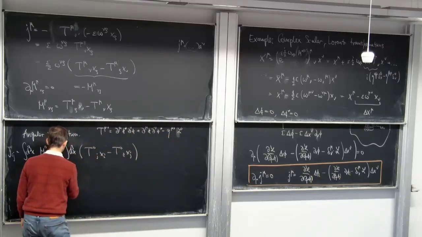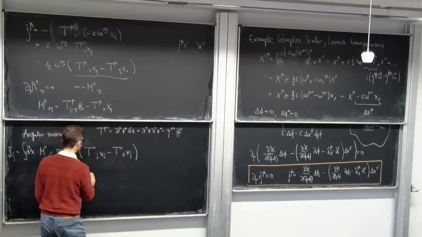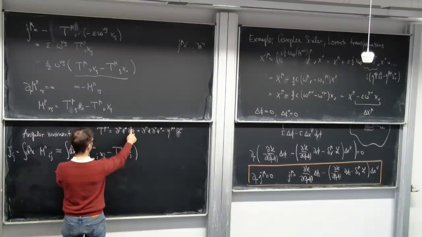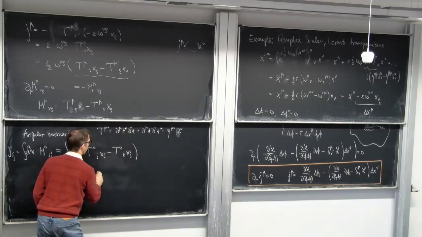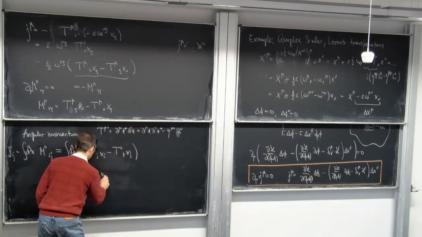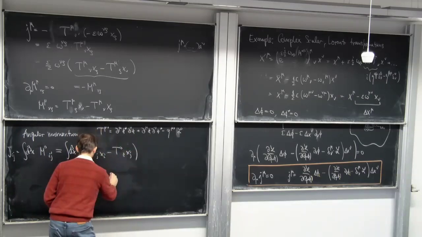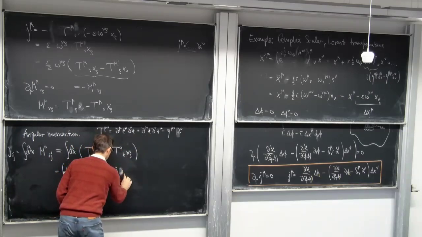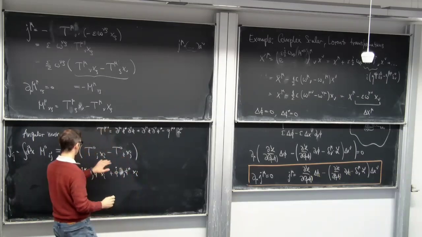So it's equal to the integral d^3x of phi dot star d_j phi x^i, and the second term has the star on the other side, plus phi dot d_j phi star x^i, and this is the same with i and j changed.